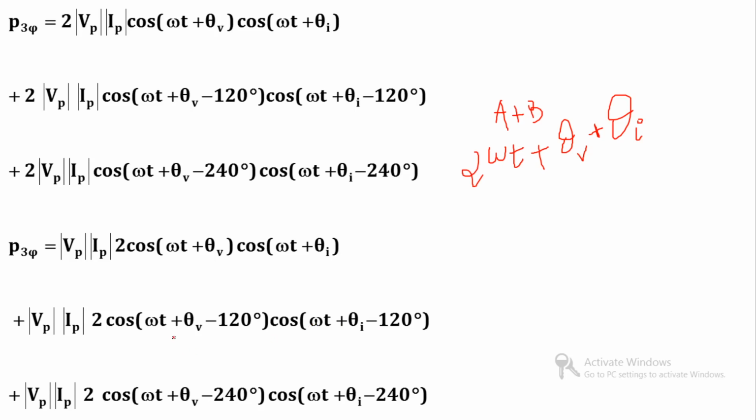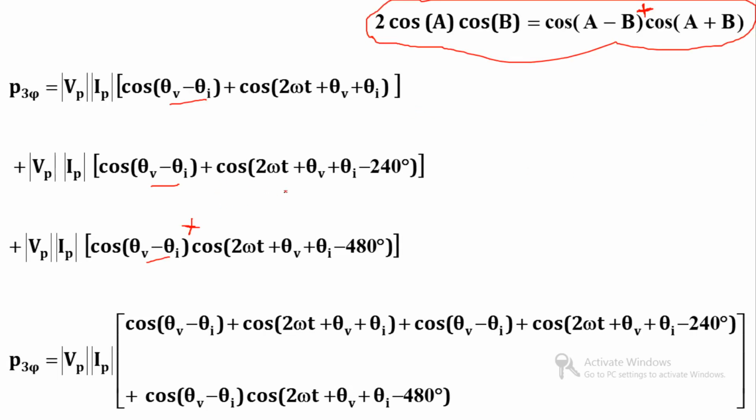So again omega t plus omega t is equal to 2 omega t, theta v plus theta I, and minus 120 plus minus 120 will look like minus 240. So the second angle will be 2 omega t plus theta v plus theta I minus 240.